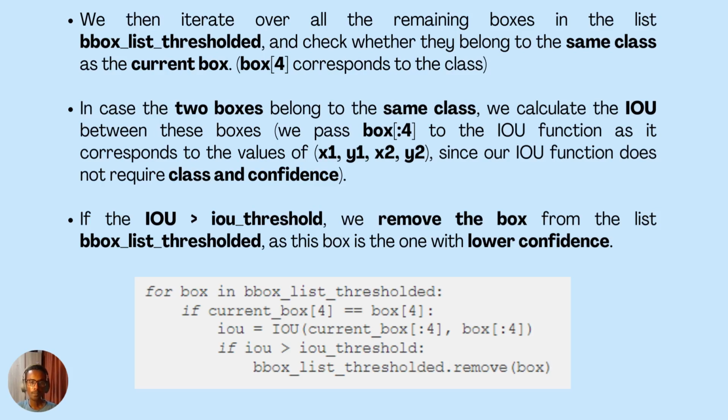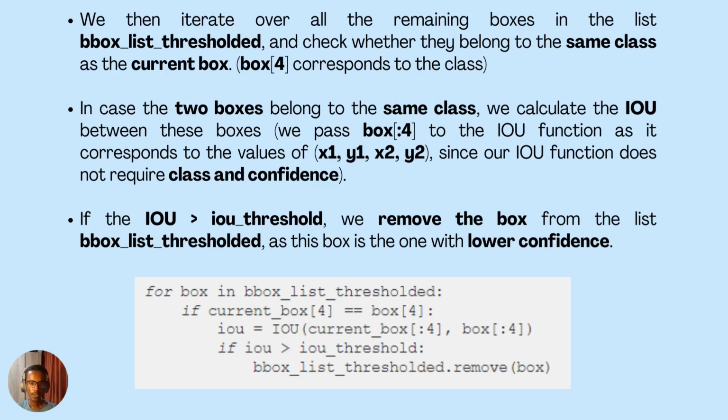we compute the IOU between the current box and the box which is taken from the bbox list thresholded. The reason we use box in brackets then colon 4 is because we just want to use the values x1, y1, x2, y2 in order to compute the IOU.